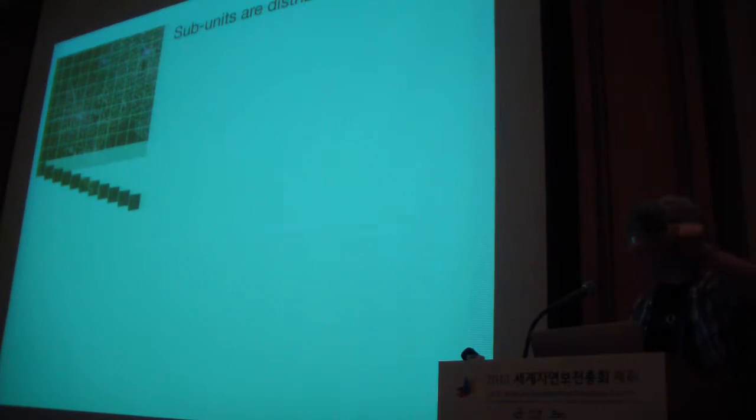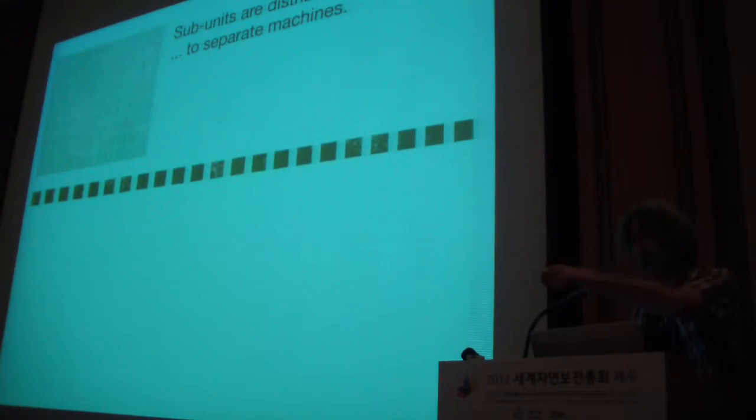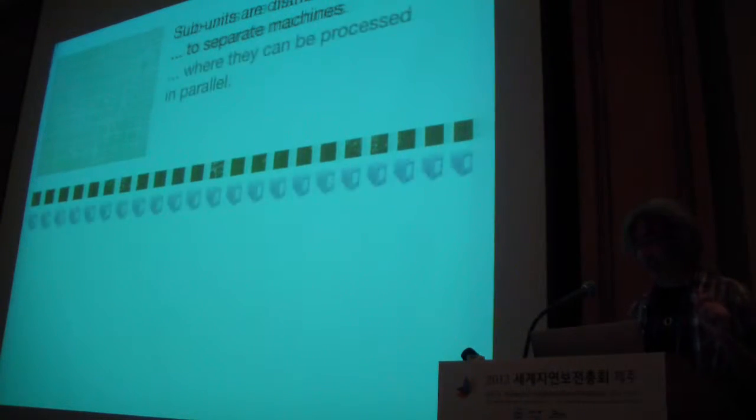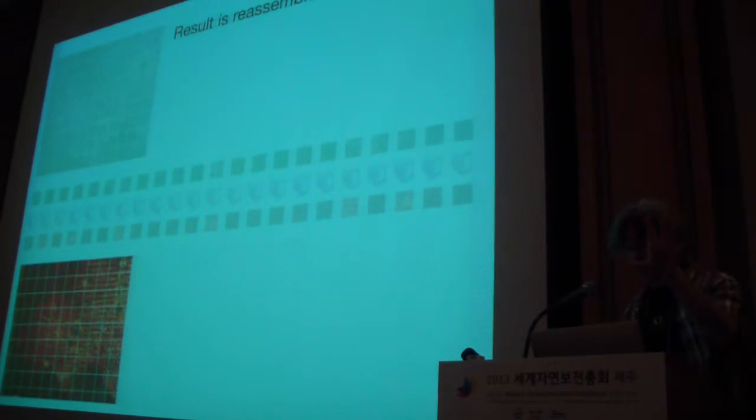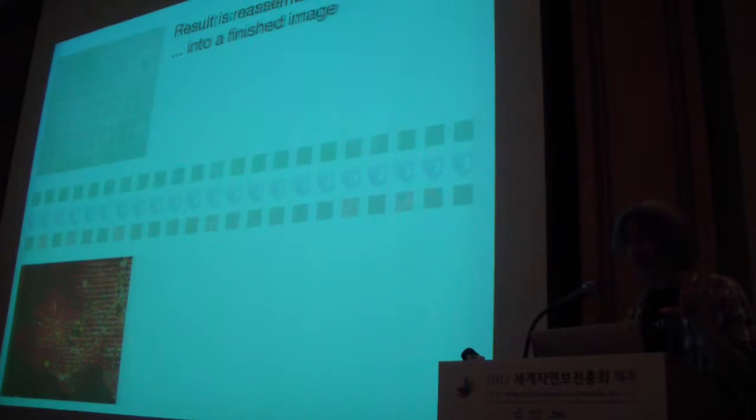And we kind of send each bit to a different computer. And each computer does its work on that little part. And you put the image together. And then you're done.